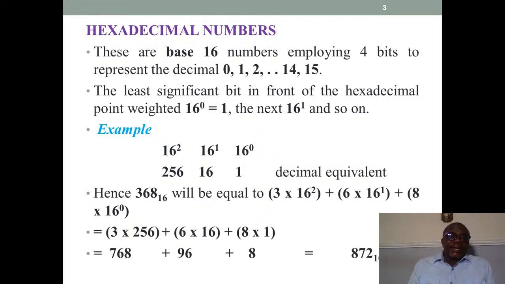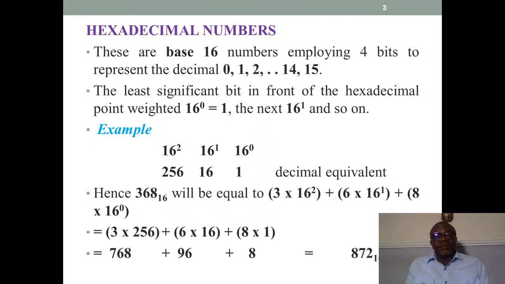So if we take an example, 368 in base 16 will be equal to 3, which is the most significant digit, times 16 raised to power 2, plus the next one, which is 6, times 16 raised to power 1, and the next, which is 8, times 16 raised to power 0.